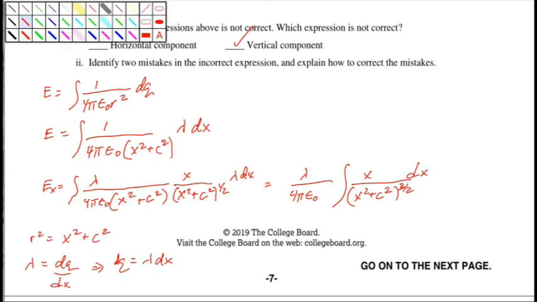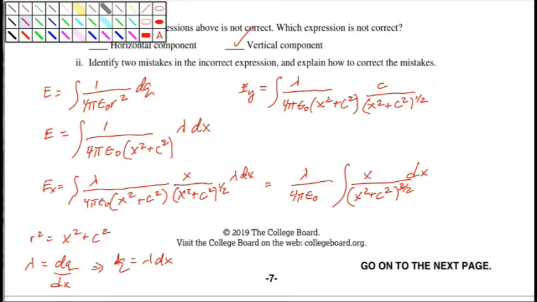And what we'll do is the same thing for E sub y, but now we need to use the sine component to plug that in, and what you get is this integral of lambda over 4 pi epsilon naught times x squared plus c squared. And now we're going to multiply it by the sine, but the sine from that triangle is going to be c over x squared plus c squared to the 1/2.